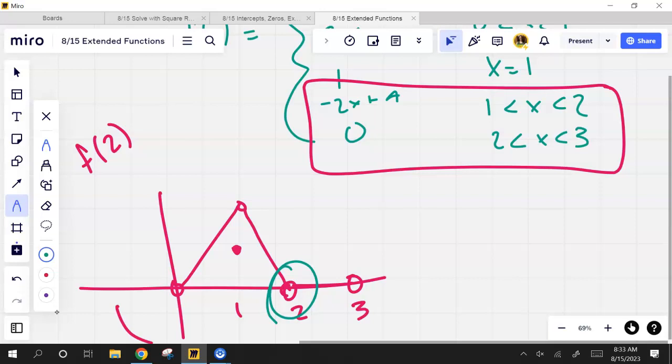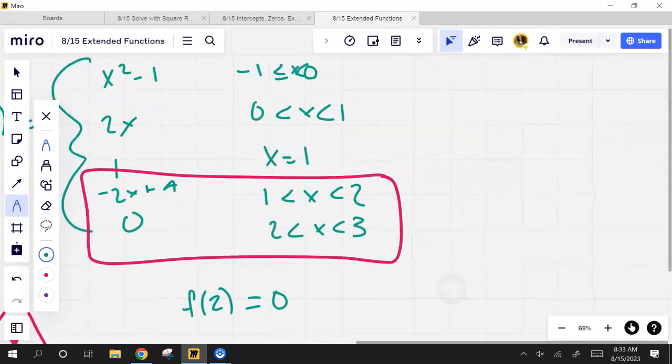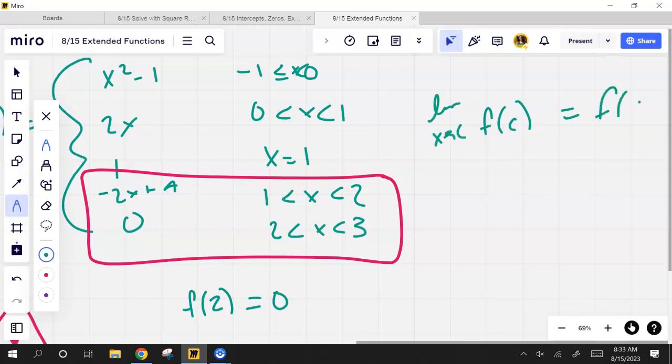What would I need to plug in? What does f of 2 need to be to make that a continuous function? 0. How do you know that? Without the graph, if I'm just looking here. Remember what it means to be continuous. To be continuous means that the limit, as I approach that value, has to equal that actual value, right?